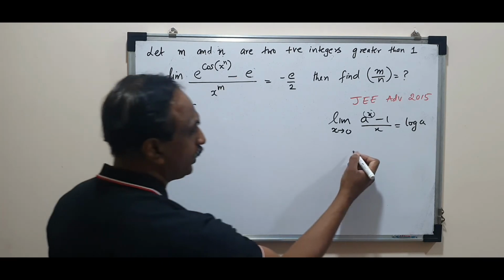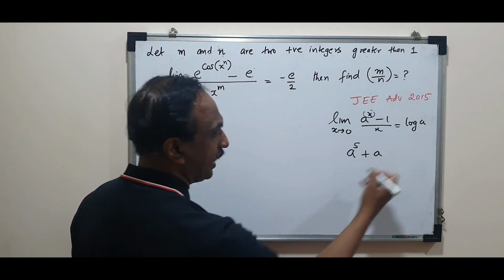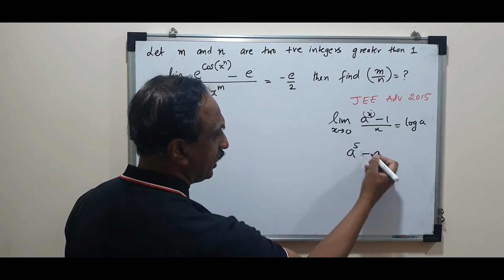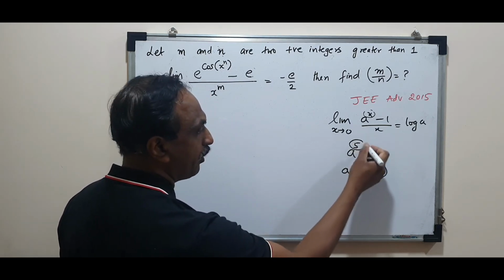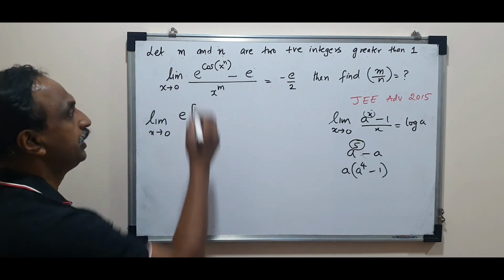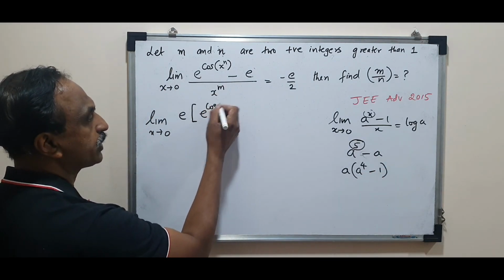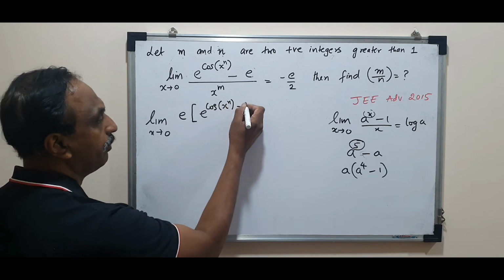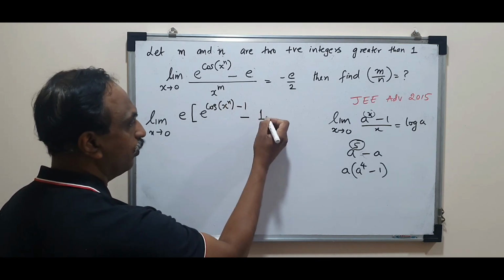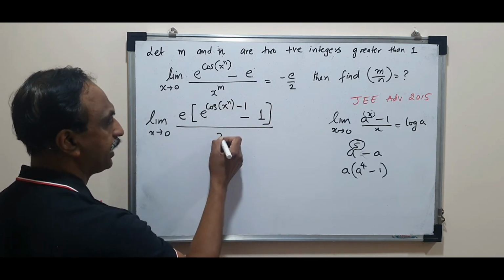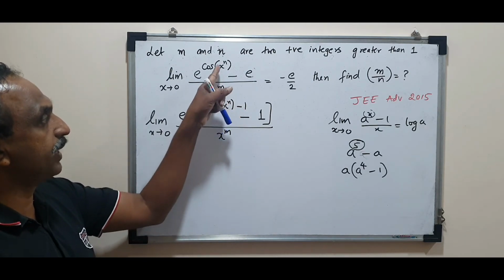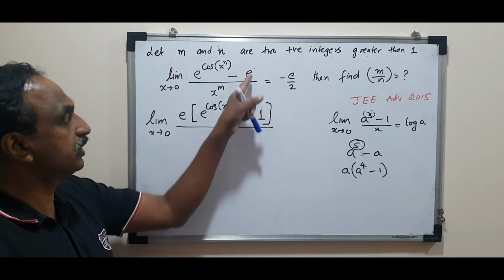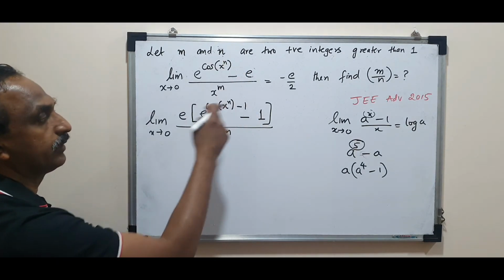If you know that a raised to 5 plus a, if I am taking an a common, a raised to 4 minus 1, what happens to the power 5? It reduced by 1. So what happens to e raised to cos x raised to n minus 1, divided by x raised to n. Just check. If I open the bracket, the powers will be added, this minus will go. If I open the bracket, this will come back to e. So both are equal.